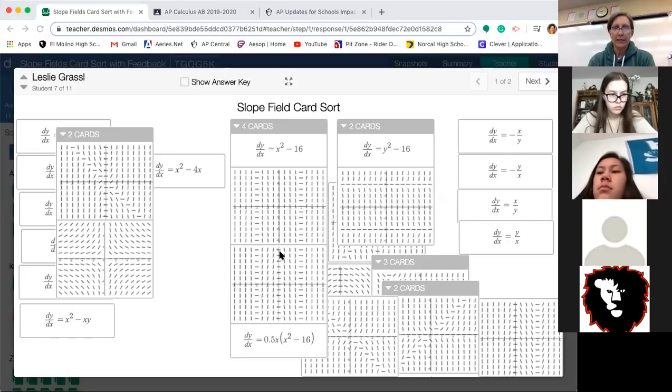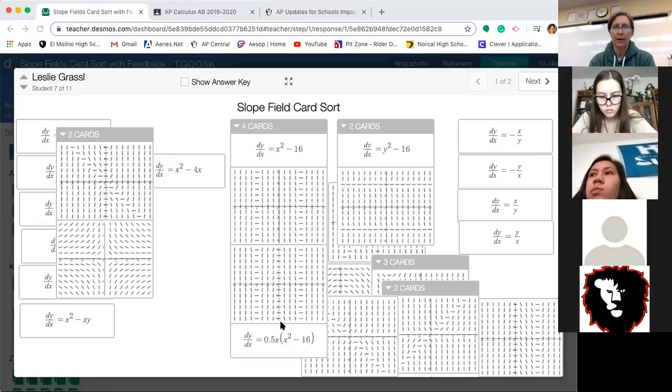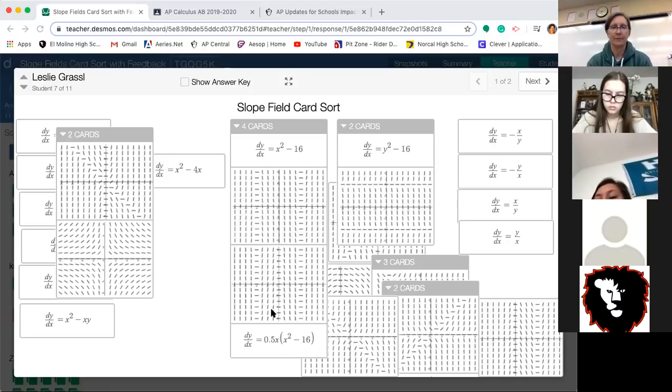So when I look at this, I can also see 0 slopes here on the y-axis, which is when x is 0. So because of that, is it more likely to be this one or this one? What do you guys think? See how this also has the factor 0.5?